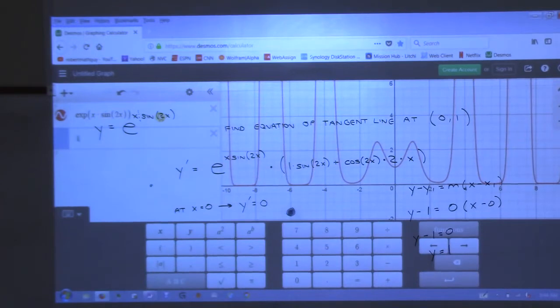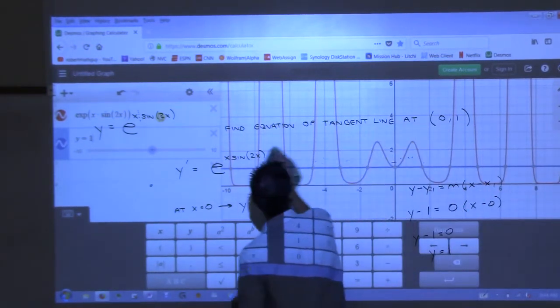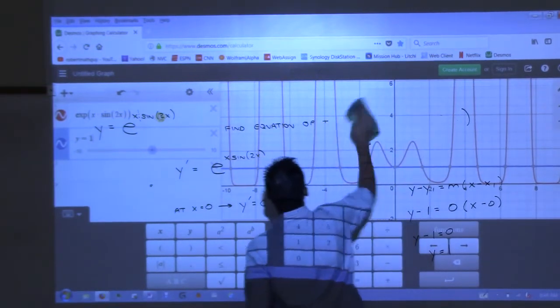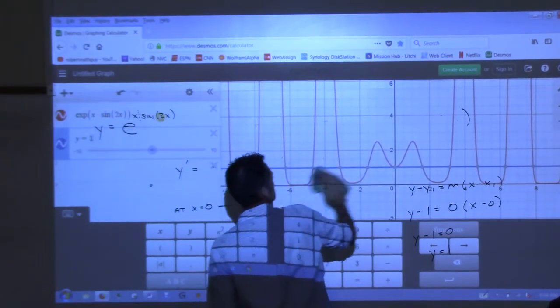And then I'm going to graph y equals 1. There it is. Can you see that? It's kind of a mess up here, but there it is. That's a pretty cool looking graph.